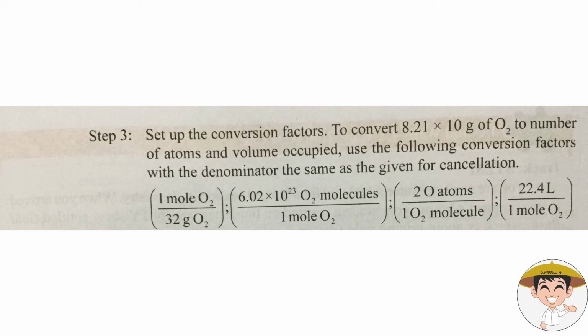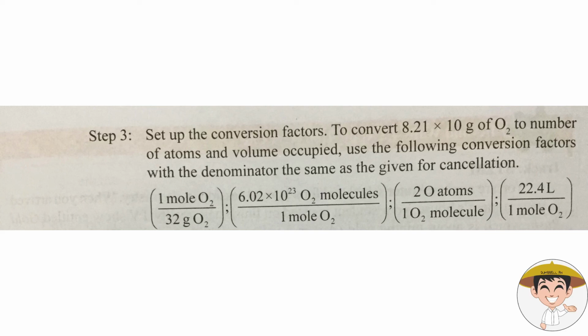So set up the conversion factors, or list down the helpful conversion factors. Use the following conversion factors. We have 1 mole of oxygen gas equivalent to 32 grams of oxygen gas. This is just the molar mass, 1 over 32 mole per gram, or 32 grams per mole. We also have the Avogadro's number conversion factor, 1 mole.